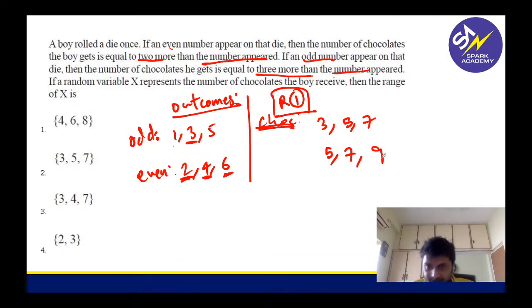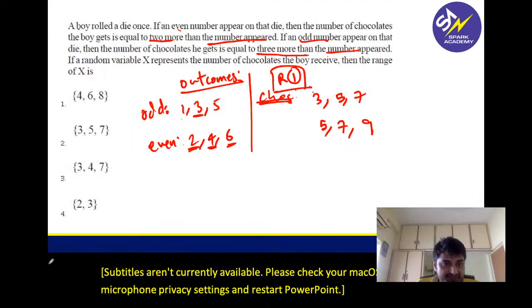Now tell me, this is 2, 4 and 6. So can you tell me what will be the range, guys? If an even number appears, oh, I took the reverse case.